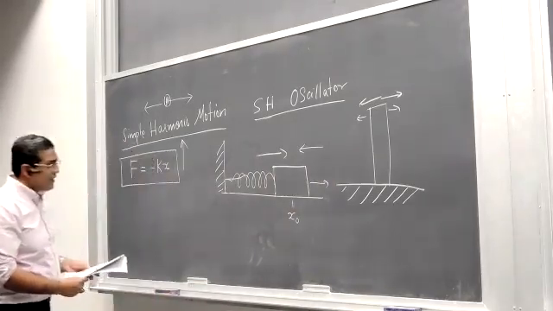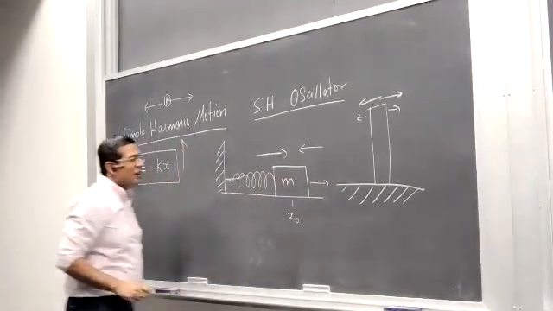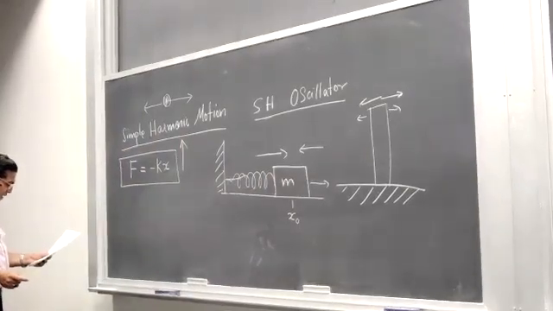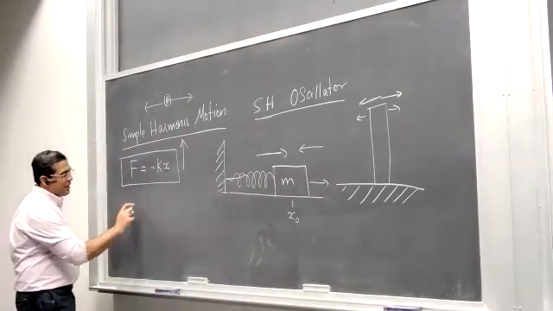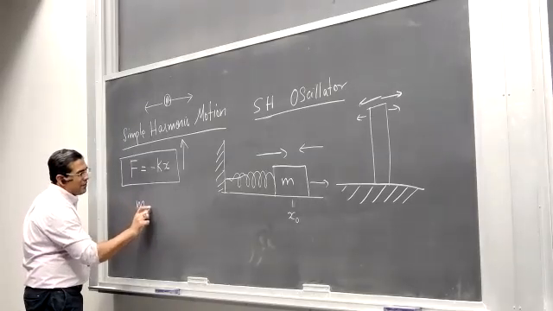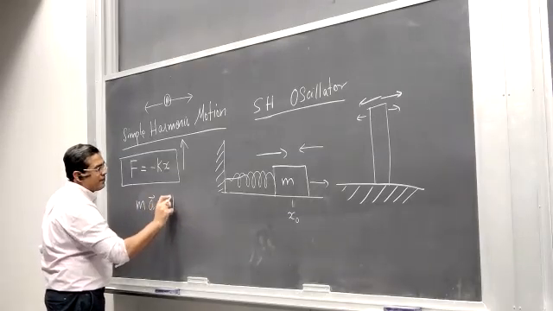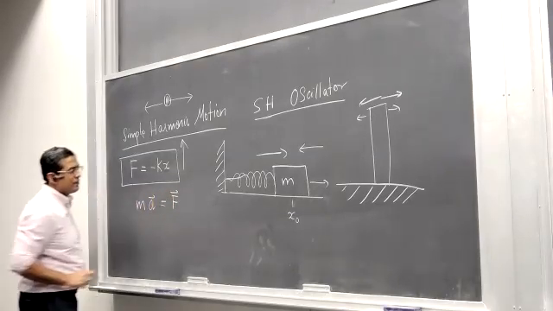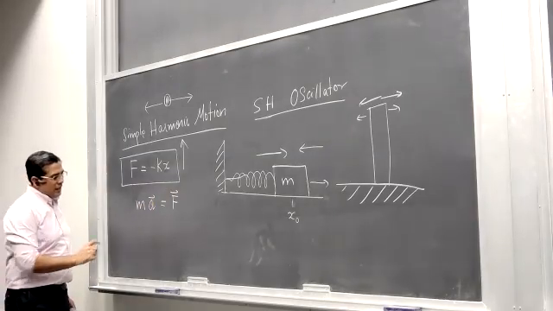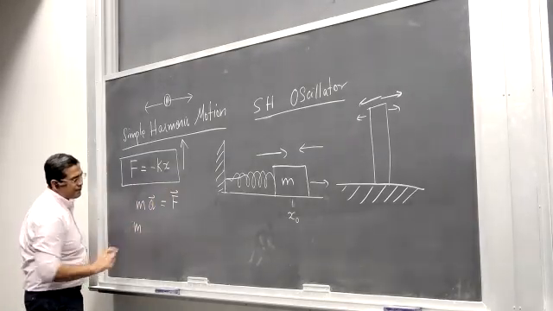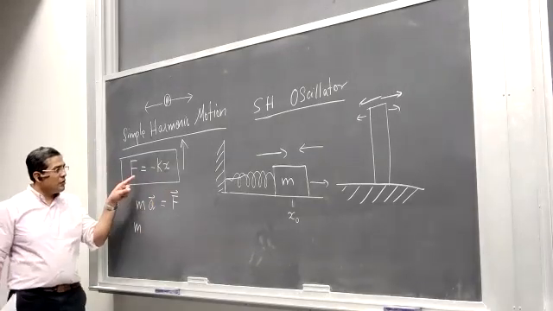Now, having said that, we would go back to our favorite block and spring system and try to solve the equation of motion, the Newton's second law. Sorry, one more thing before I move on about the force.